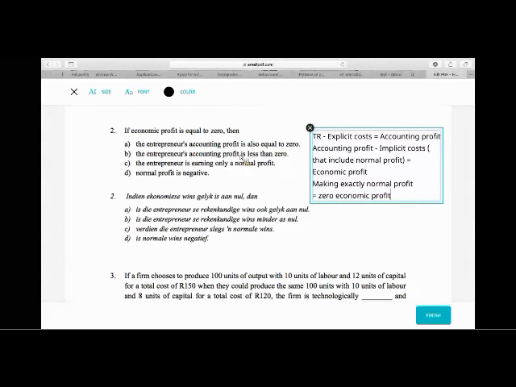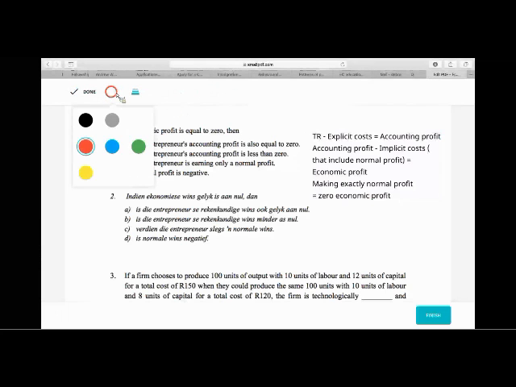And that would be synonymous with saying that normal profit is zero. So in other words, if economic profit and accounting profit are both zero, that means there are no implicit costs, and the normal profit of this industry is zero profit. So that kind of makes A very wrong.